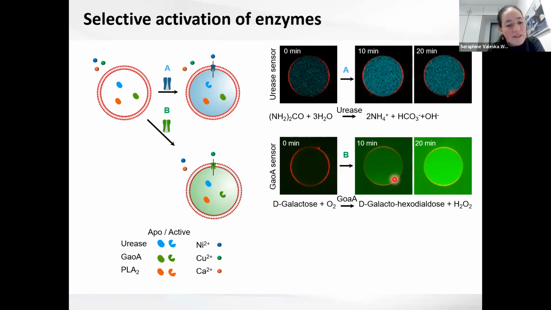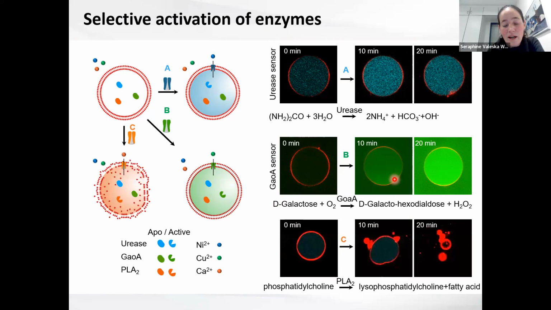And for calcium transport, we coupled this to the activity of a phospholipase. Phospholipases are enzymes that can cleave one of the fatty acid chains of phospholipids, and thereby when you activate a phospholipase, you can lyse your vesicles. So we could couple the transport of each metal ion to the activation of a specific enzymatic pathway.